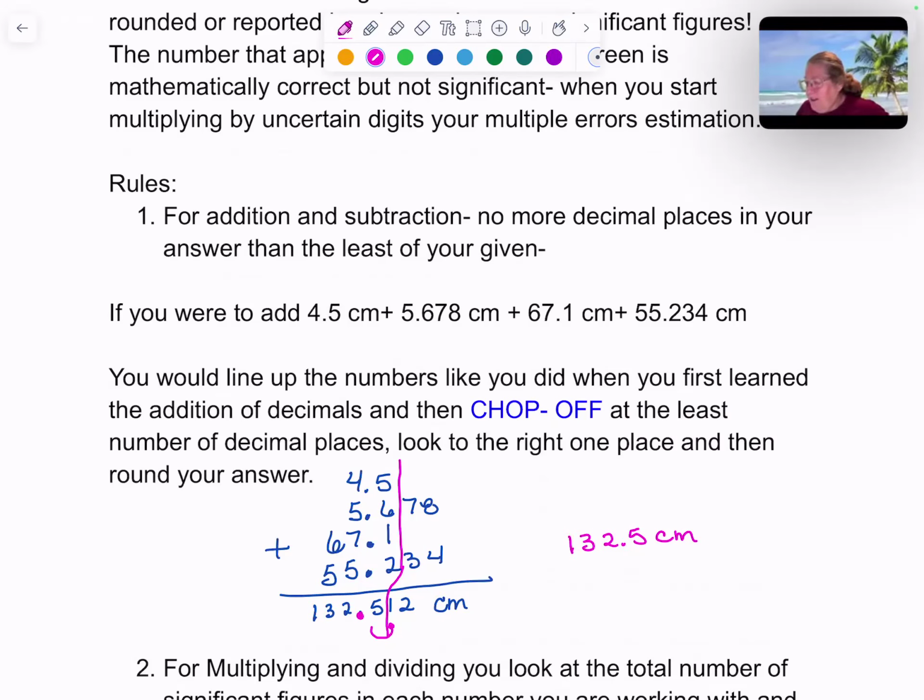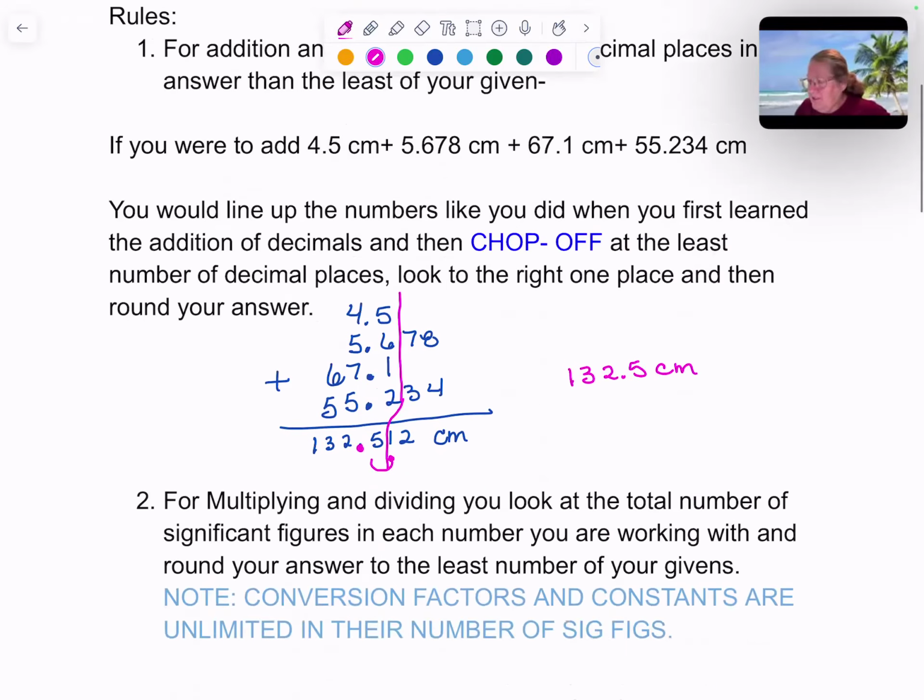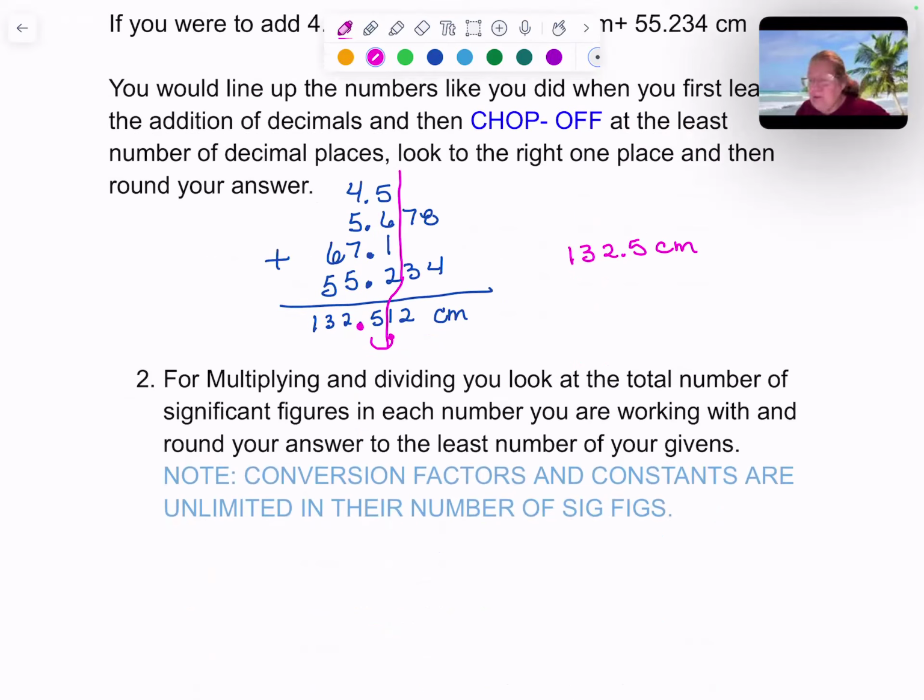Okay, the one we're going to use most often, especially in chemistry, is multiplying and dividing. You look at the total number of significant figures in each number you're working with and round your answer to the least of the givens. And that's a key. Conversion factors and constants are unlimited in their sig figs. So when you're doing your dimensional analysis and you've got it on your track, you're only looking at the digits in that very first measurement that you're converting.